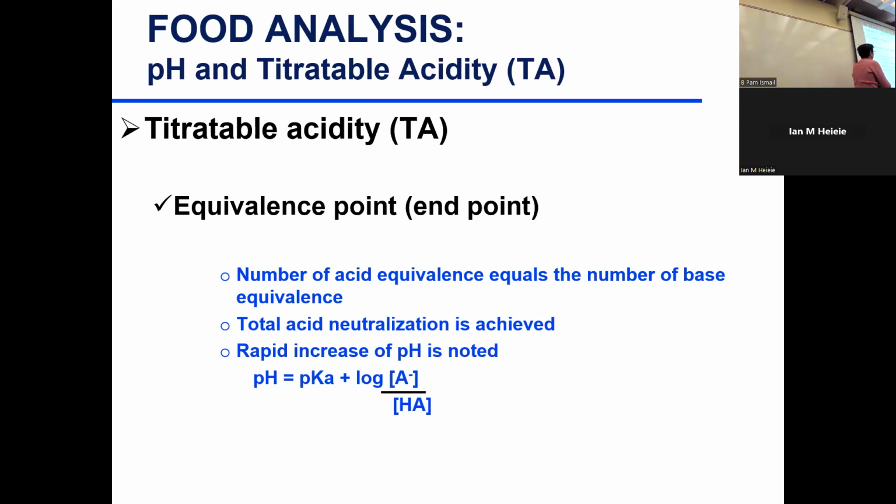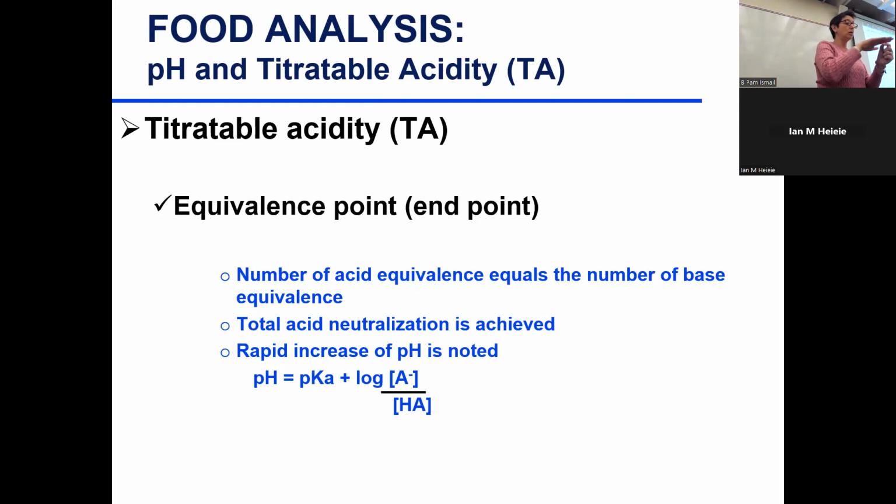So because it's the titration process, we look at equivalence at the end point when we get to neutralization. What happens is when you're titrating, the acid is going to gradually give you its proton, very slowly.